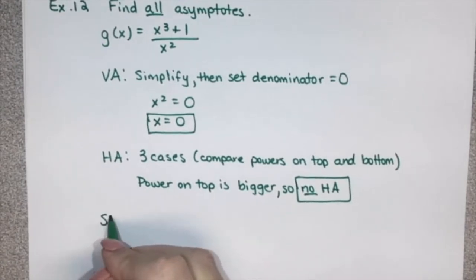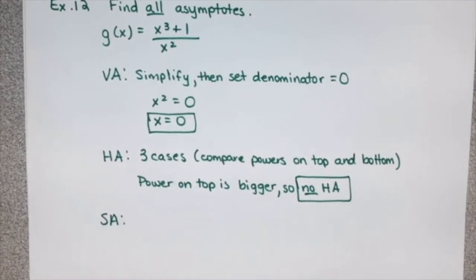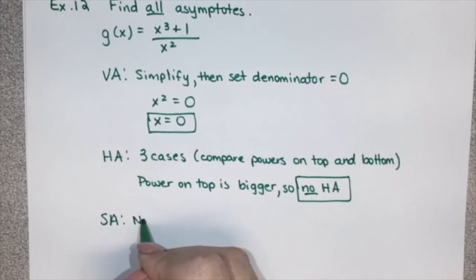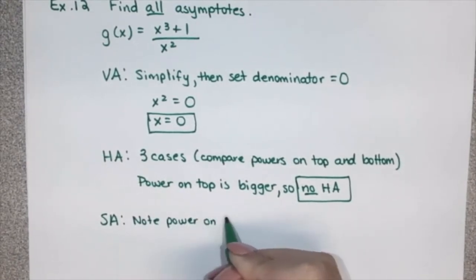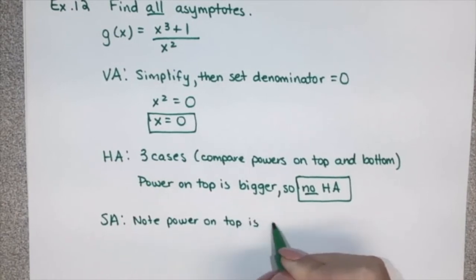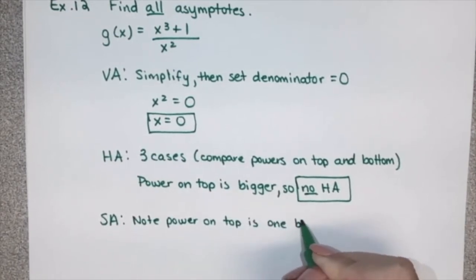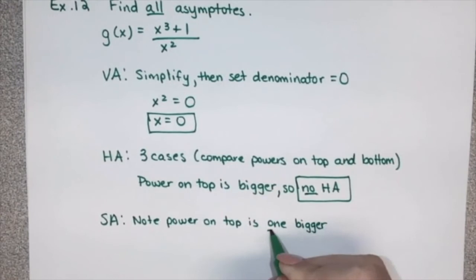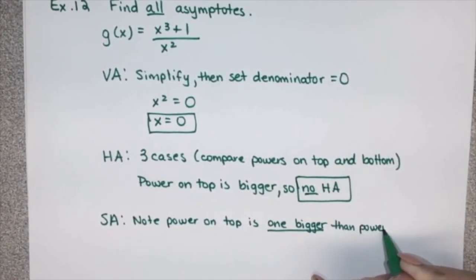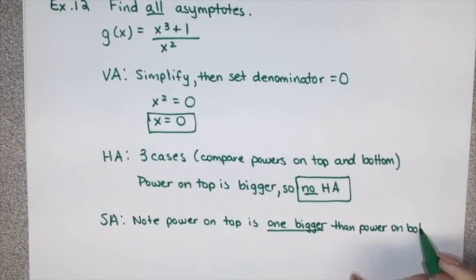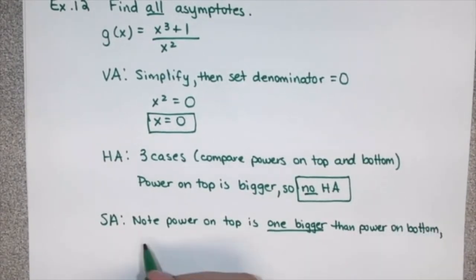So a slant asymptote, first let's talk about if this has one and why. Okay, so remember, pay attention to the fact that the power on top is 1 bigger than the power on bottom. So that's the key. So because it's exactly 1 bigger, what does it mean? There is one.